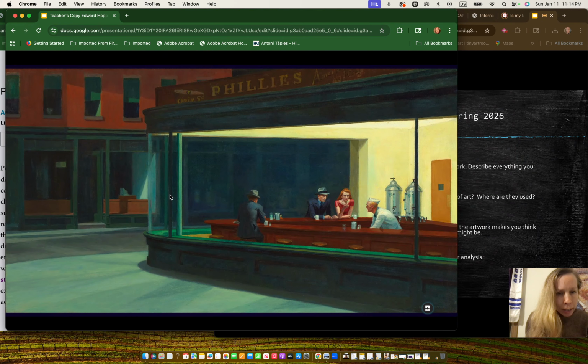And even the man behind the counter, he looks like he's in his own little world, but he's almost like he's maybe noticing them. And a lot of the lines are pointing to that couple, like they're being framed by this back window and the bar and the front window. So they're framed, and a lot of attention is being brought to them.